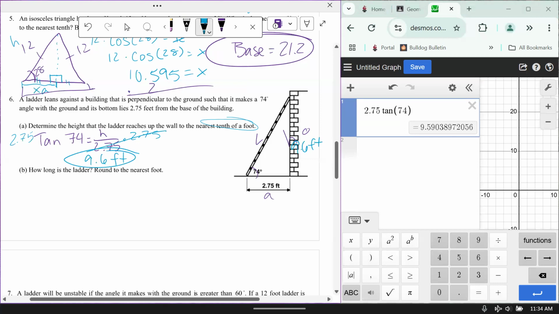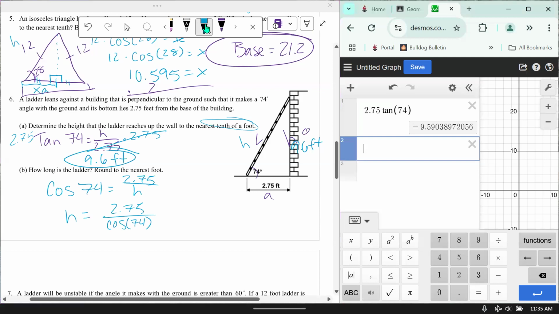Now, you could use the Pythagorean theorem to find the length of the ladder, or you could do SOHCAHTOA. If that's the case, this is our hypotenuse, and this is still adjacent. So adjacent and hypotenuse works with cosine. So we would have cosine of 74 equals adjacent 2.75 over our hypotenuse, h. Those will switch, so we get h equals 2.75 over cosine of 74.